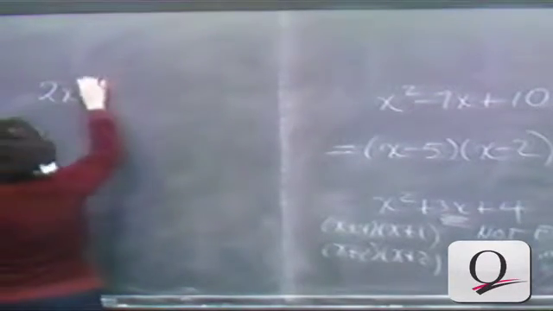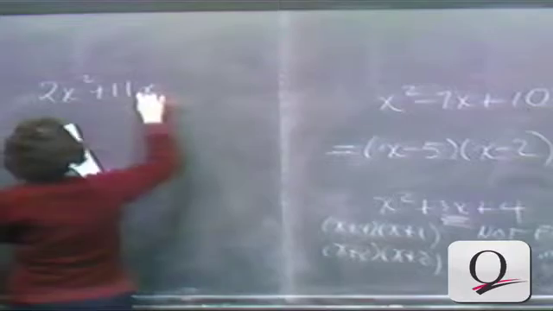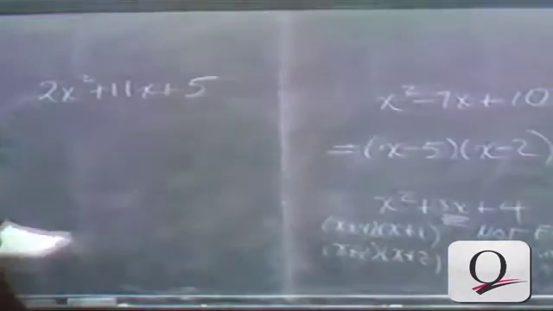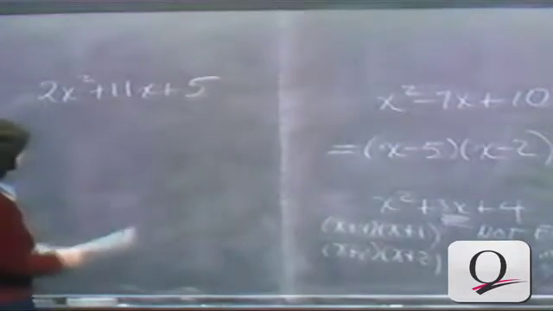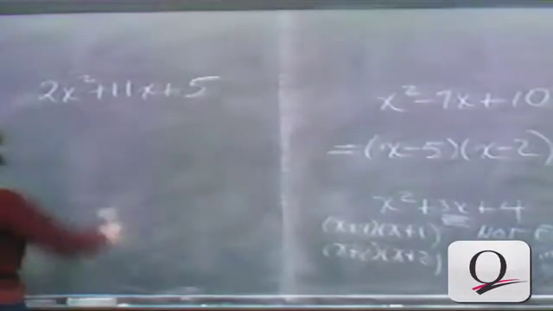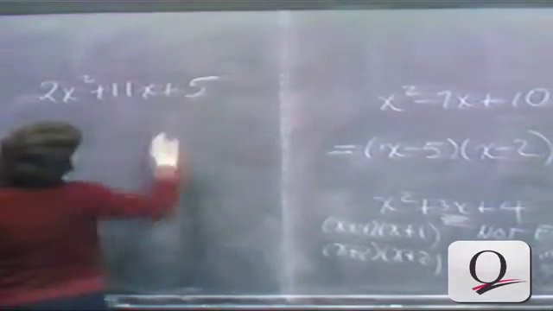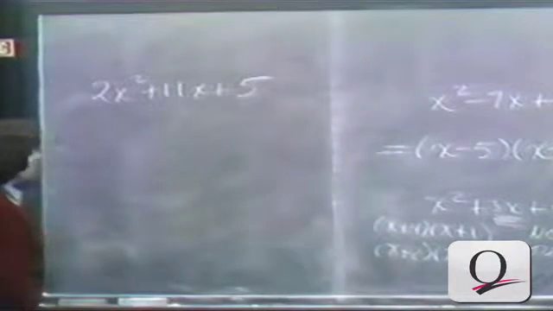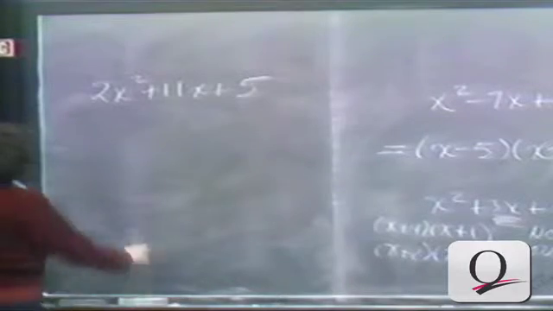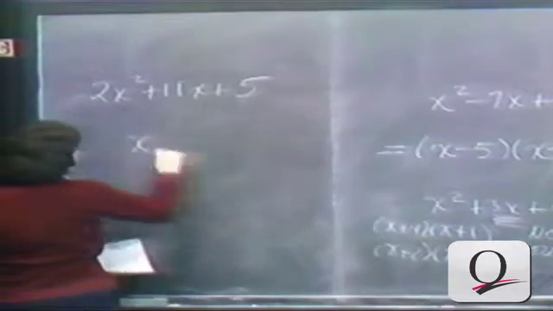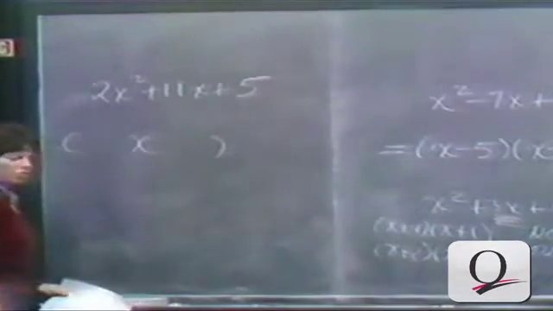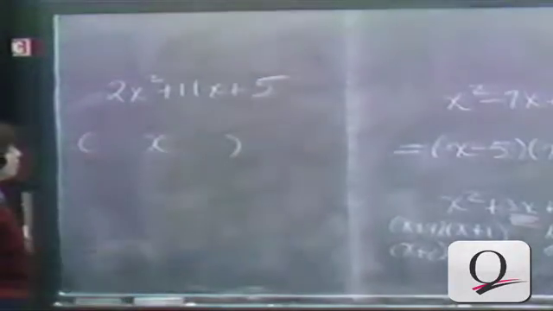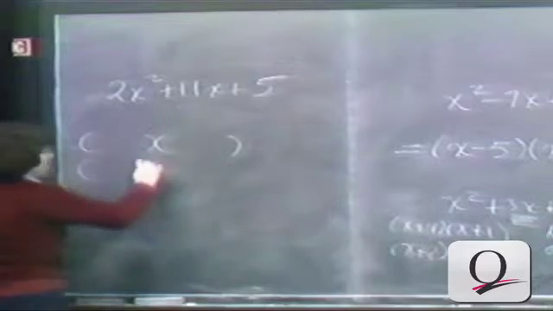Let's work out 2x squared plus 11x plus 5. Now, this is not the worst problem that I could give you because 2 and 5 are at least prime numbers. So we have a limited number of choices here. Let's look at the ways we could do this. Once again, we're going to list the possibilities. It becomes a little harder to do this in your head without listing when you have a coefficient for x squared other than 1.